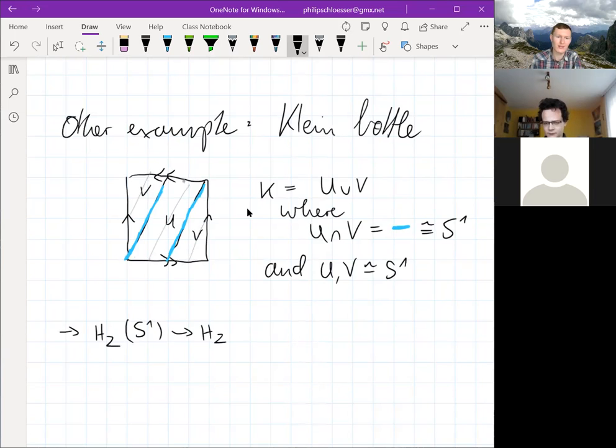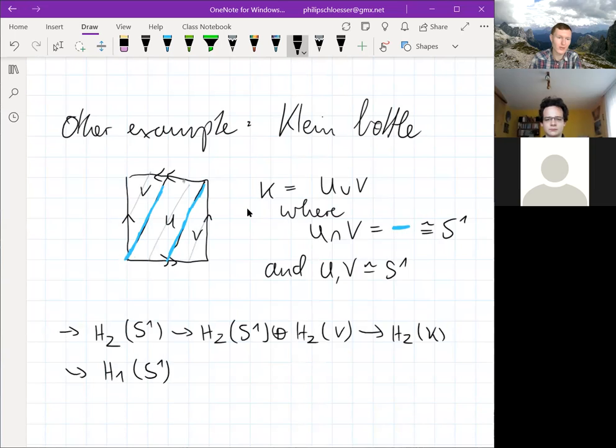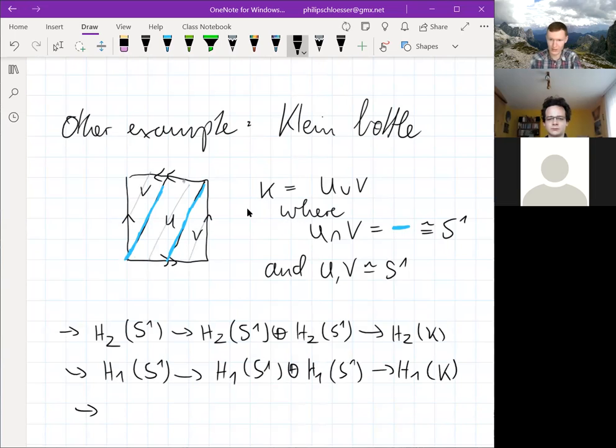Then we have H2 of U direct sum H2 of V, and then we go to H2 of K. Then we go to H1 of the intersection, and we go to H1 of K, and then we have all of the H naughts.